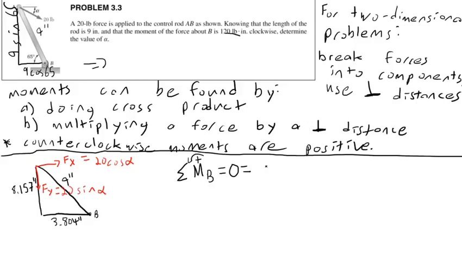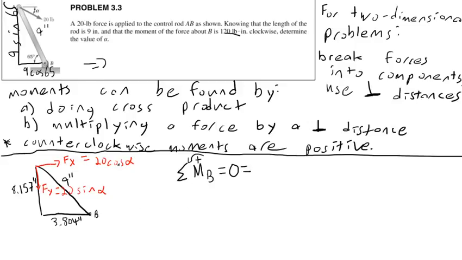Now, let's see. So again, I'm going to use the method of perpendicular distances. The method of perpendicular distances says that the moment generated by a force about a point is equal to the magnitude of the force times the perpendicular distance to its line of action. Look at this.